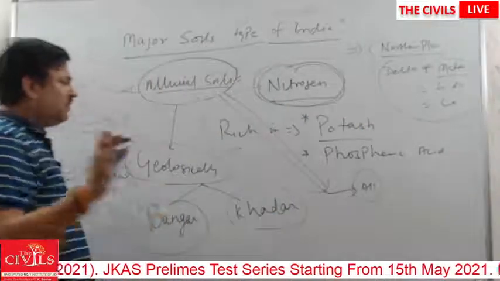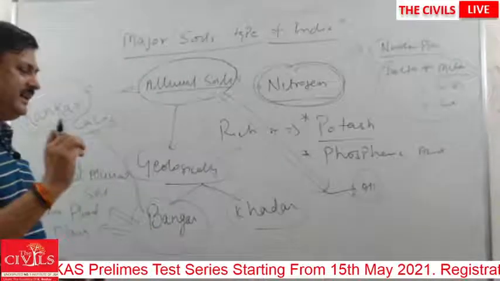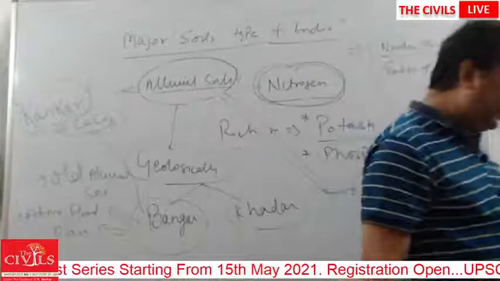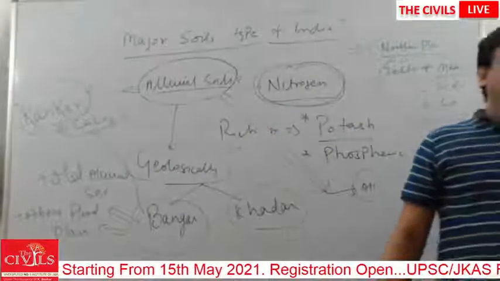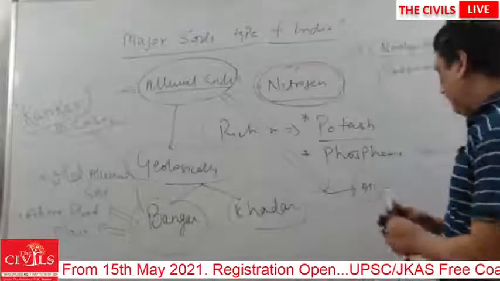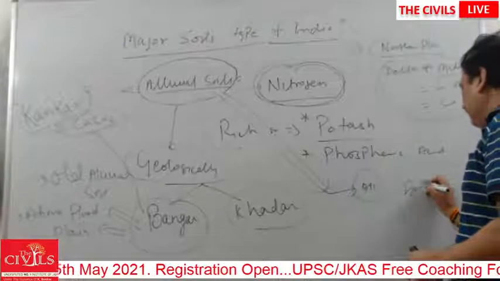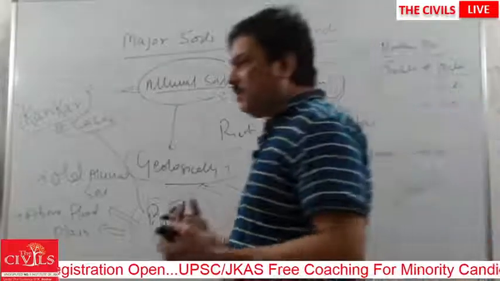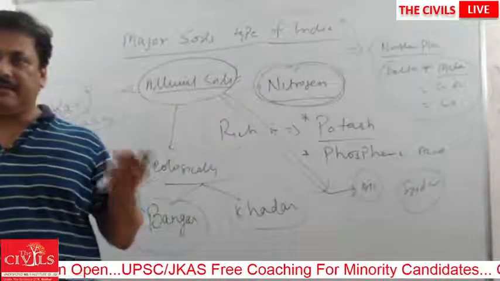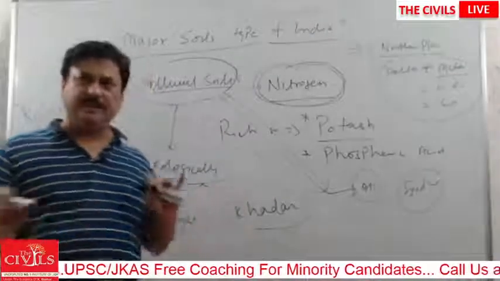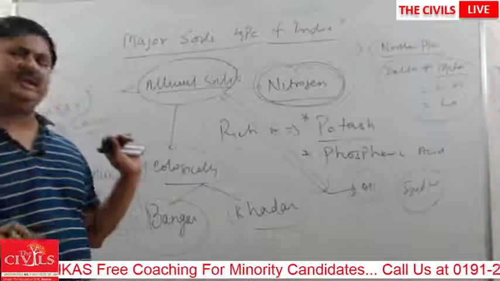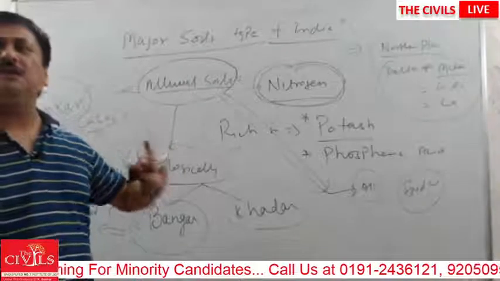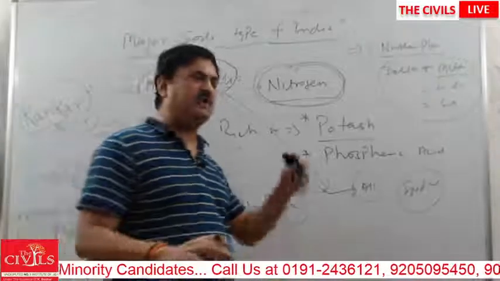It is known for the soil of food crops. Food crops means like wheat, rice, mustard, and others. It supports all the crops, whether food crop or fiber crop like cotton, jute.